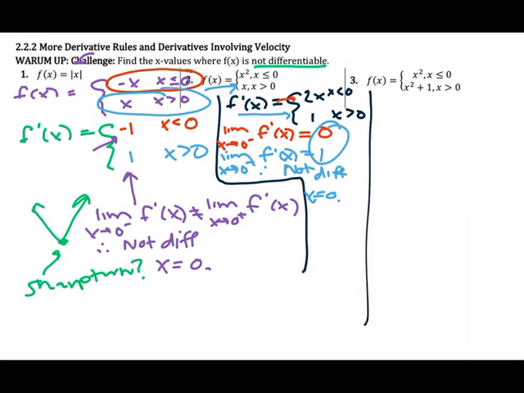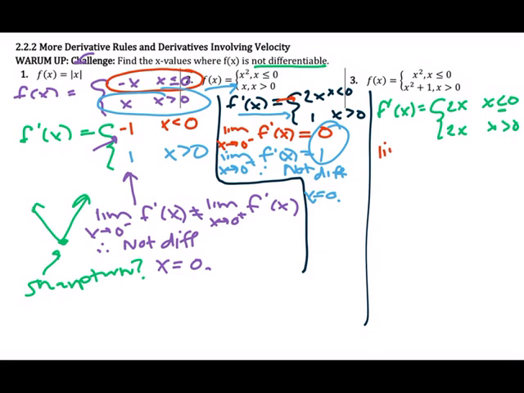And last but not least, number 3, let's go ahead and find that derivative. F prime of x is going to be 2x if x is less than 0, and it's going to be 2x if x is greater than 0. And what I notice is immediately these are exactly the same, so I can add an or equal to this piece. And then I can show using limits that this is actually going to be differentiable everywhere.